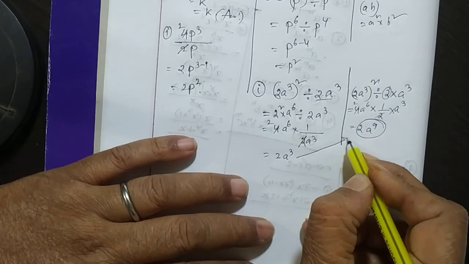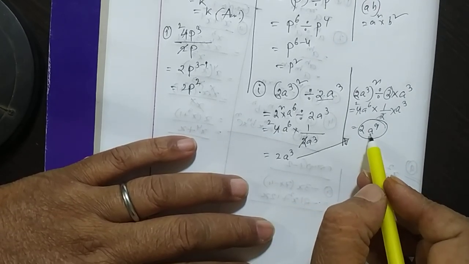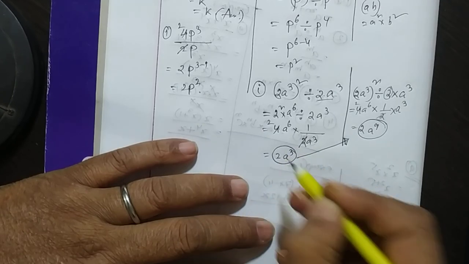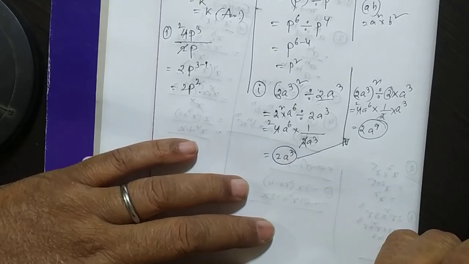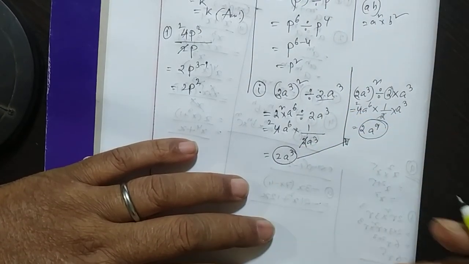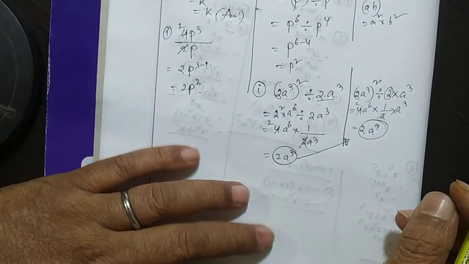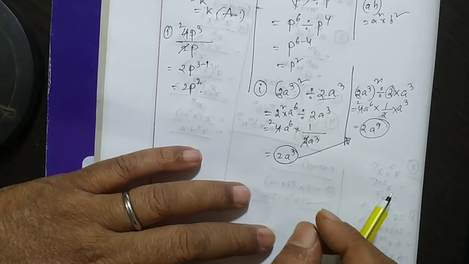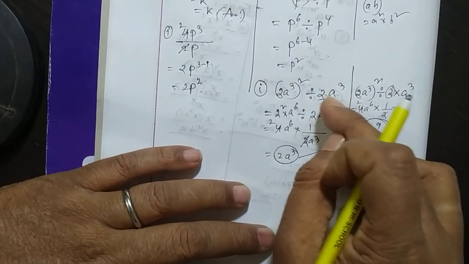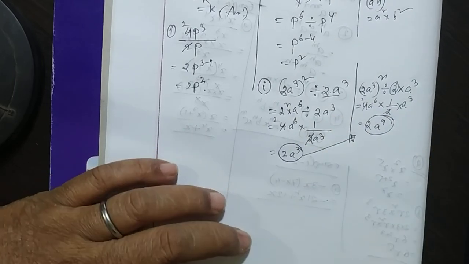Look, the result is completely different. Here 2a to the power 9, and in question number I, where we used dot multiplication, the result is 2a cube. So during the exam, you have to be careful if you see this type of difference.